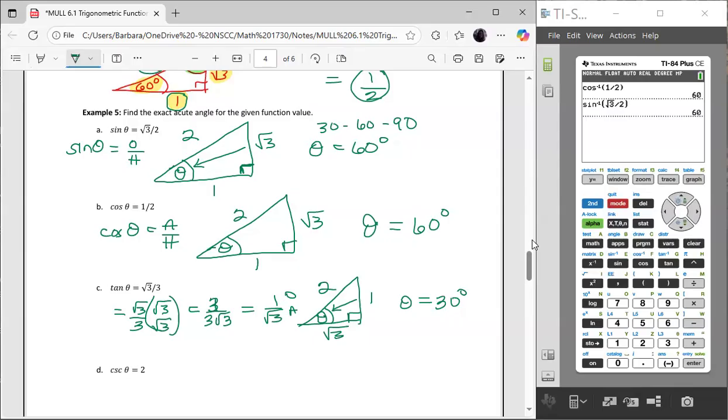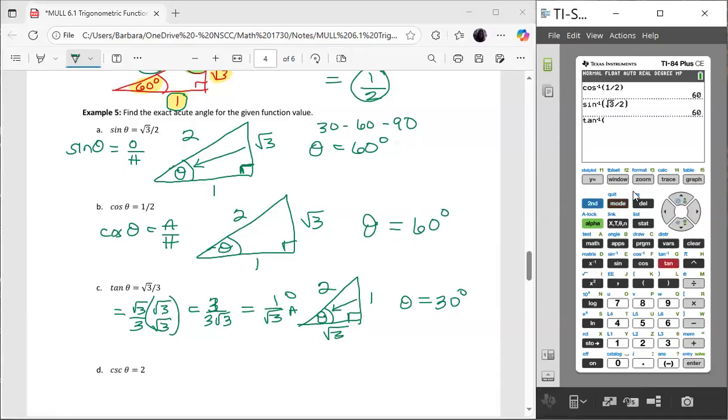And again, you can check that on your calculator by doing the arctan. So second tan, and you put the square root of 3 divided by 3, and we have 30 degrees.